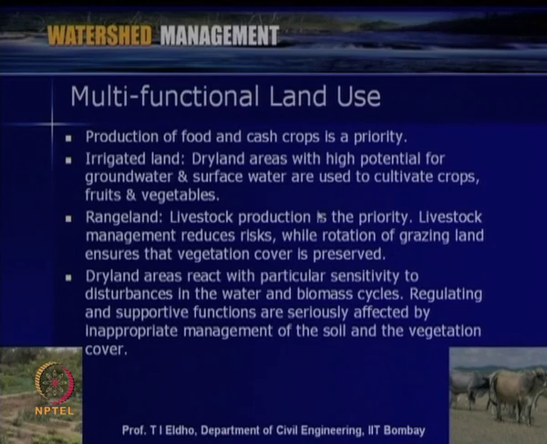Now, if you consider range land, here livestock production is the priority. Livestock management reduces risk, while rotation of grazing land ensures that vegetation cover is preserved. Range land is where we cannot utilize much of the area for agricultural purposes, so we can use it for livestock production.